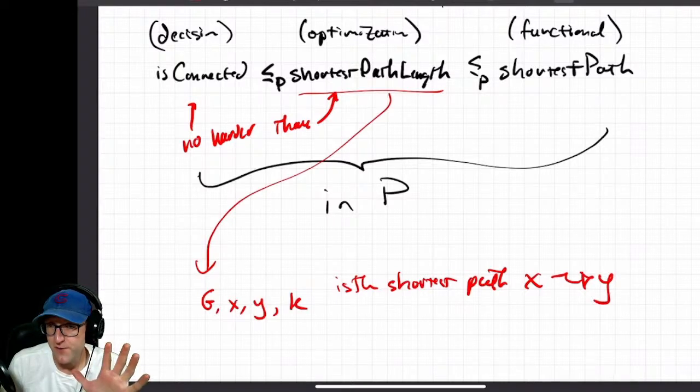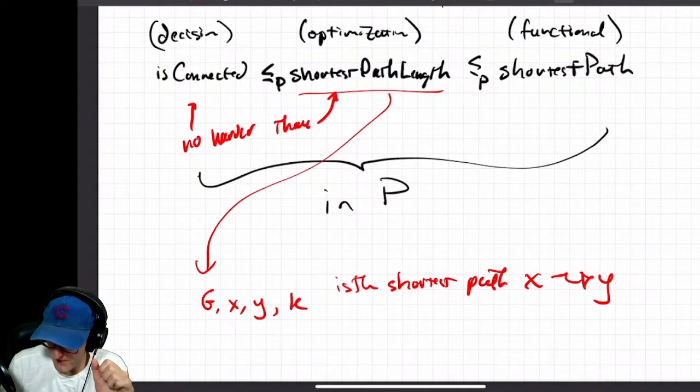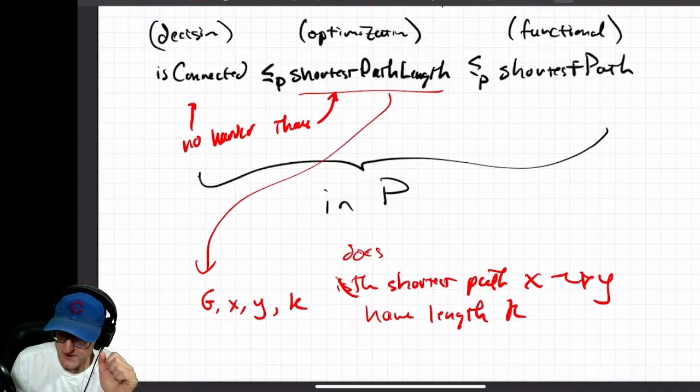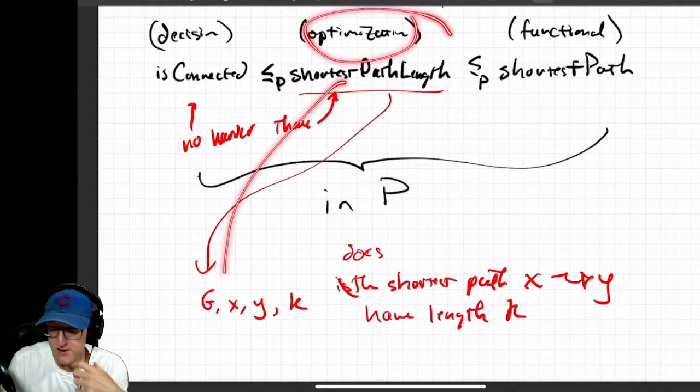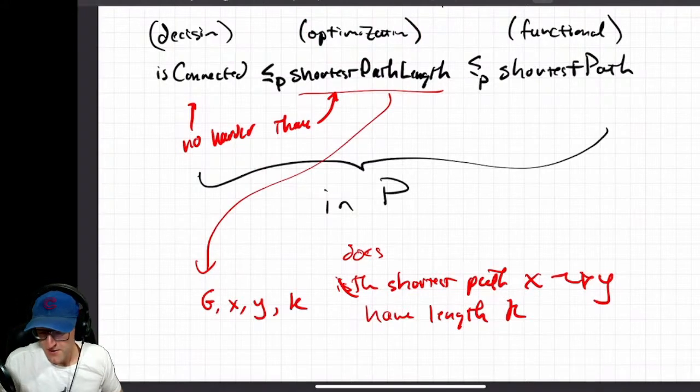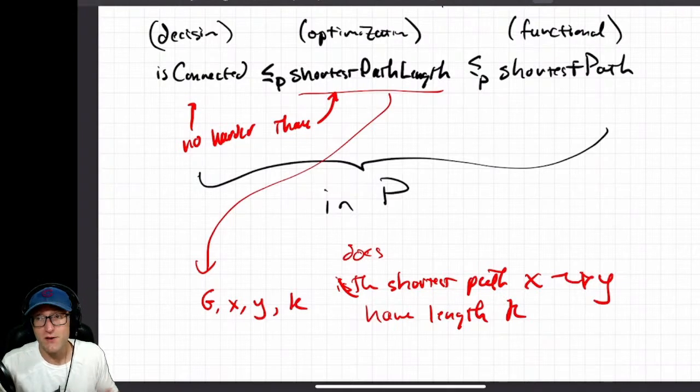Is it 5? Is it 6? Is it 4? Is it 3, 2, 1, right? And now I've taken an optimization problem and I've changed it. It's not really a reduction, but I've changed it to a decision version. So those are just technical details that we can gloss over and not worry about, right?